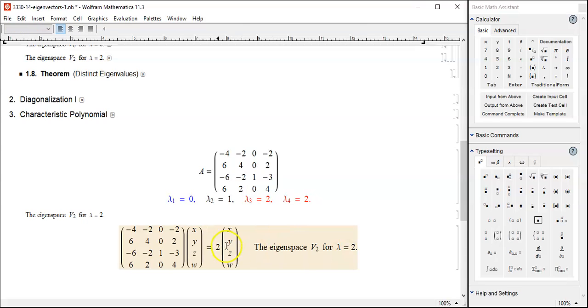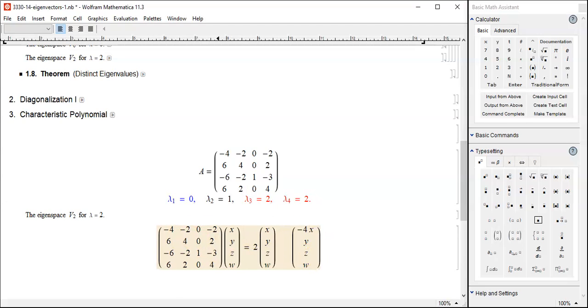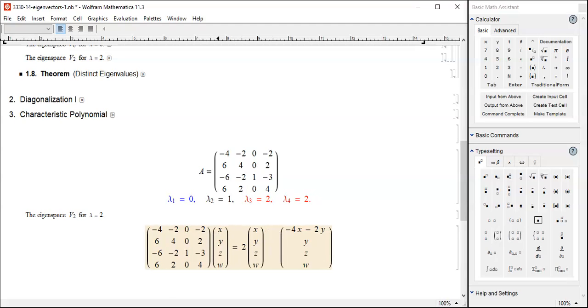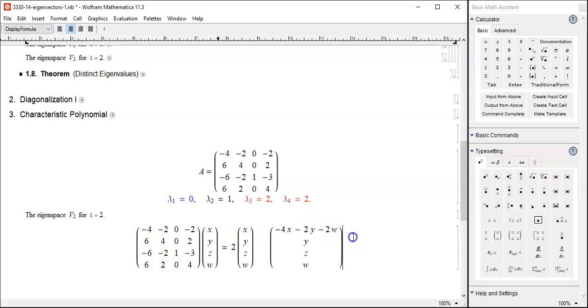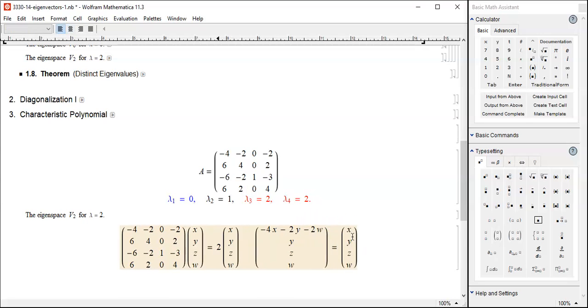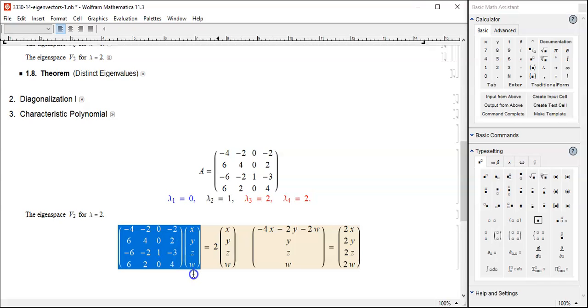Okay, let's do this matrix multiplication here. Negative 4x minus 2y plus 0z minus 2w equals 2x. Here we have 2y, 2z, 2w, all those, that's easy. Left hand side, let's go to the second row. This times that.